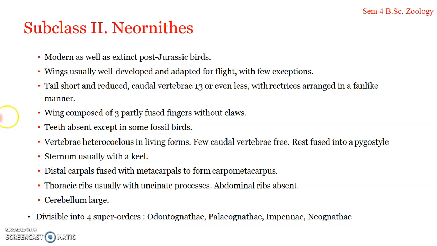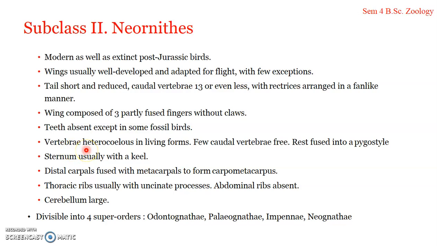Wings are composed of partly fused fingers, three fingers similar to Archaeornithes, but partly fused and devoid of any claws. Teeth are absent except in some fossil birds, that is the extinct birds, but otherwise generally teeth are completely absent in Neornithes.